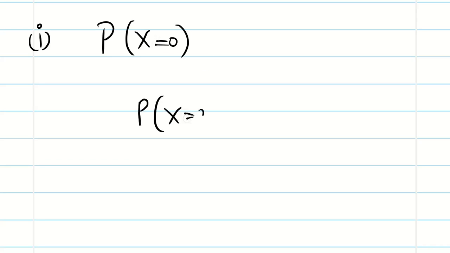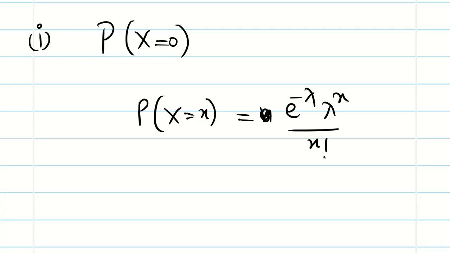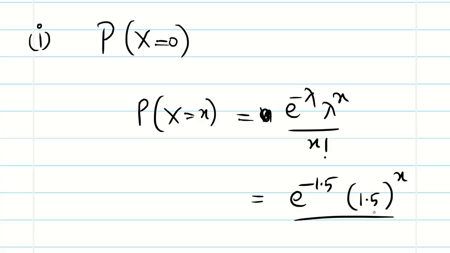So we know the formula: P(X = x) equals e power minus lambda, lambda power x by x factorial. Just now we found the lambda value is 1.5, it is given in the question. So 1.5 power x divided by x factorial.